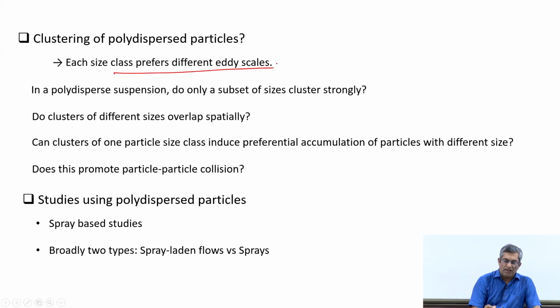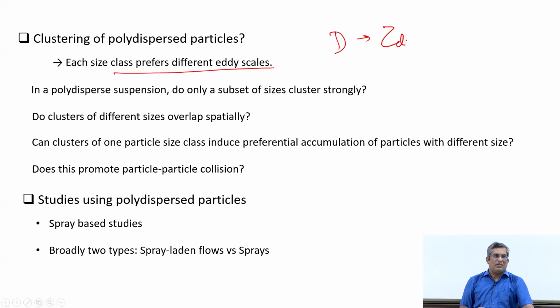If we have a given particle size, then that determines the particle relaxation time. Now the eddy time scale for which these two are similar, for that eddy, the particles will accumulate around that eddy, you can say that.